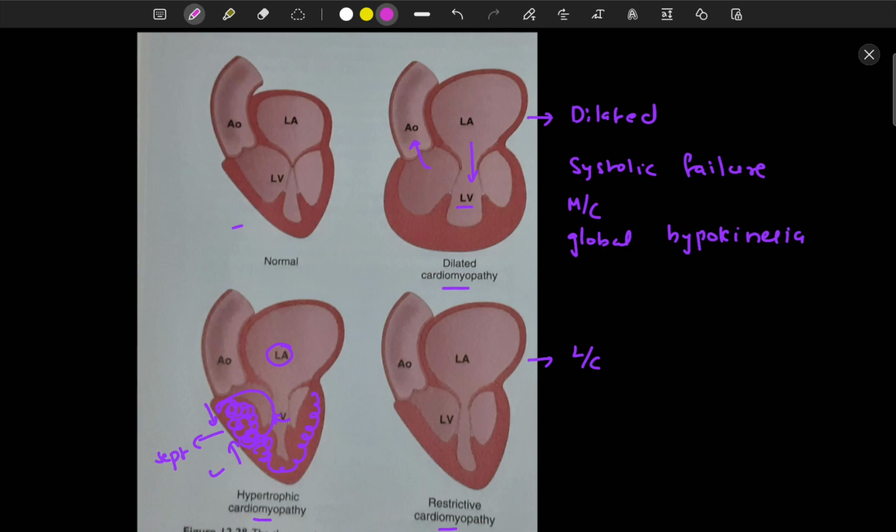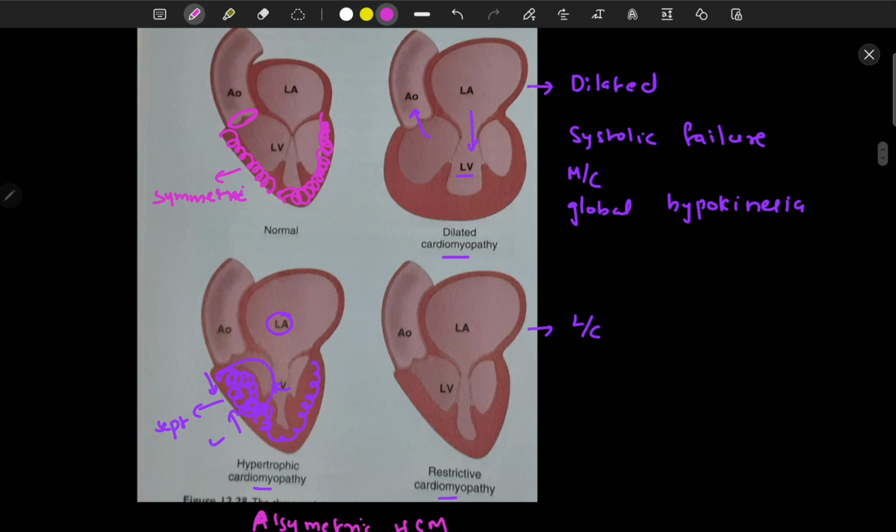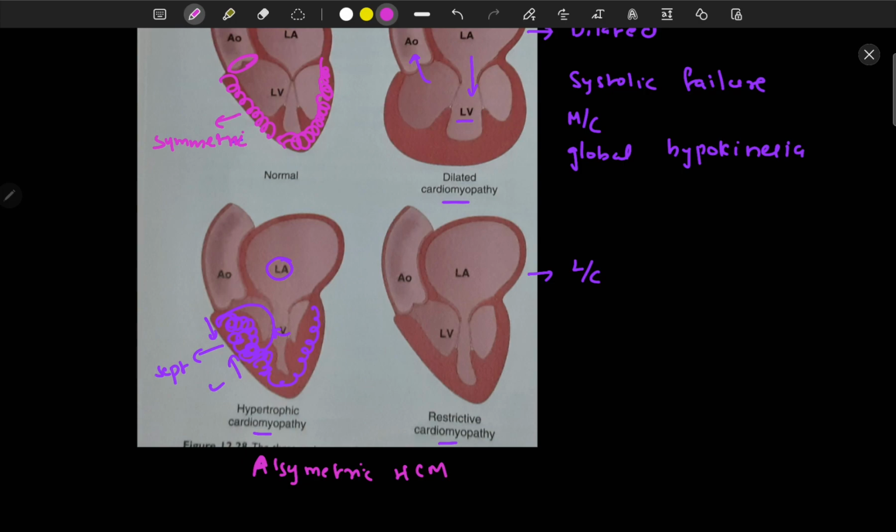I will give you another example. If a person is hypertensive, or if there is aortic stenosis, here also there will be ventricular hypertrophy. This is a normal heart, and it gets hypertrophied. But in the case of aortic stenosis, and even in hypertension, the hypertrophy is symmetric, whereas in hypertrophic cardiomyopathy it is asymmetric.